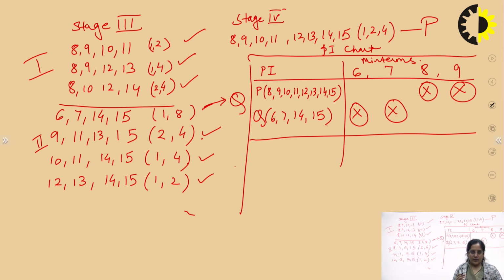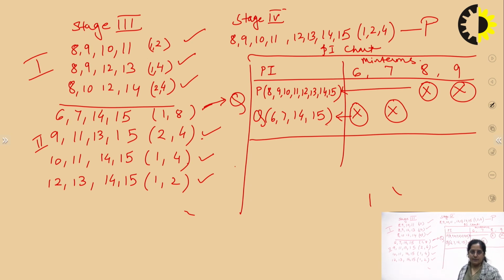Now when we see column wise, minterm wise, we check where a single cross is present. All these 4 have a single cross. After this we have to check which prime implicant these circles belong to.